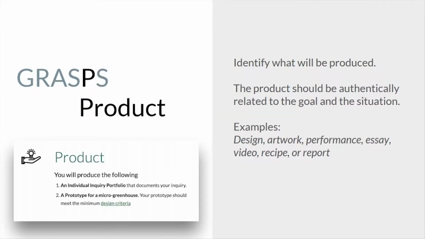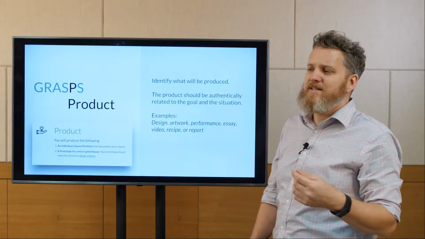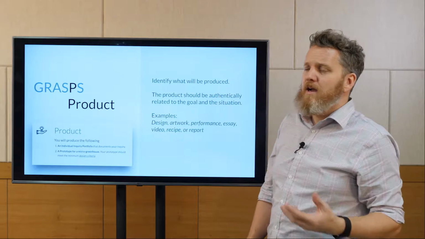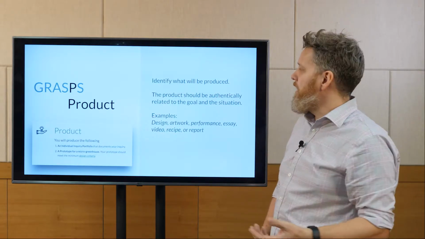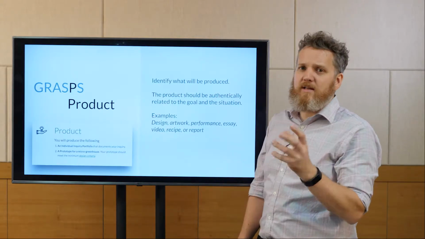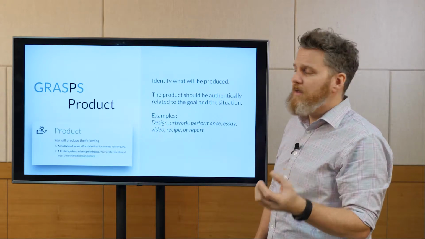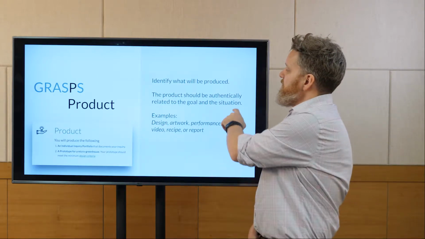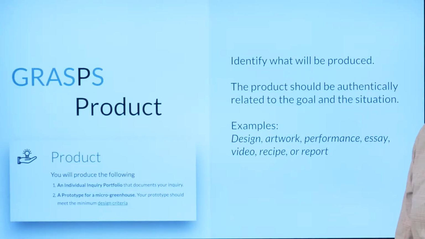Okay. Next is defining and explaining what the product is. That is the thing they're going to make. This is a very broad term because it doesn't have to be always a physical thing, but it should be authentically related to the goal.